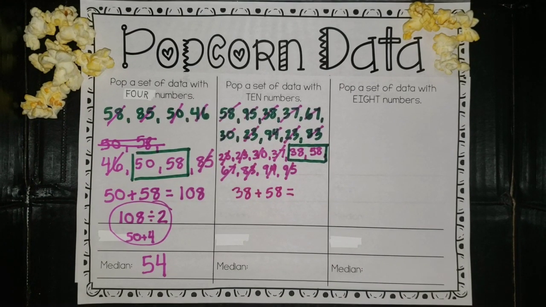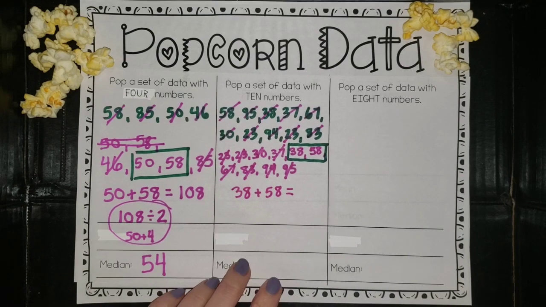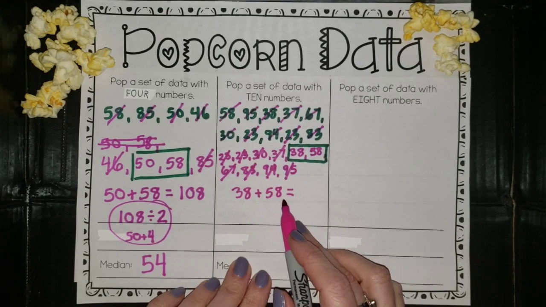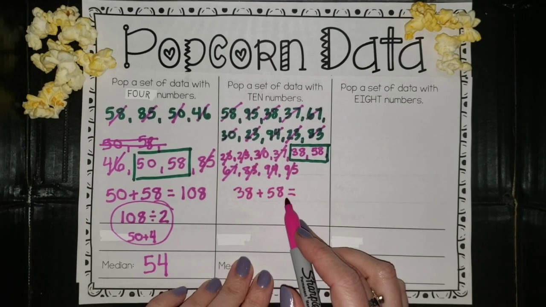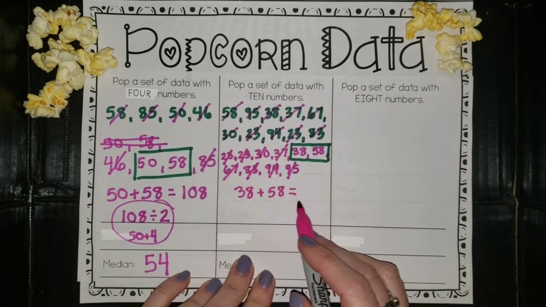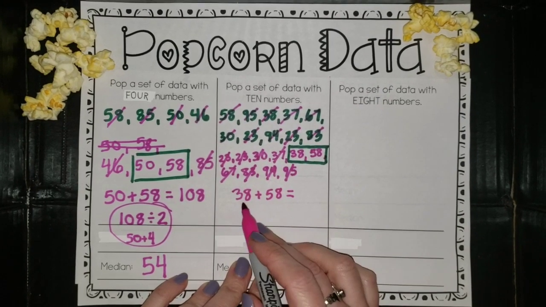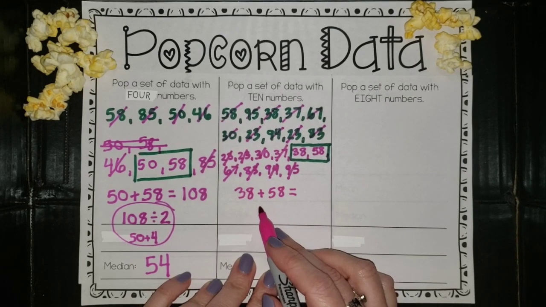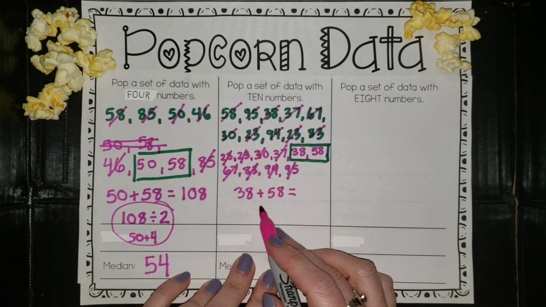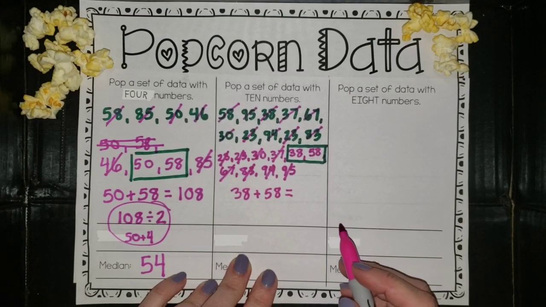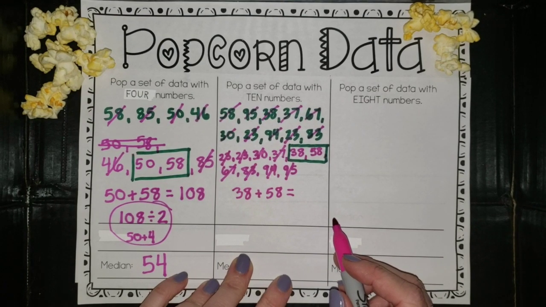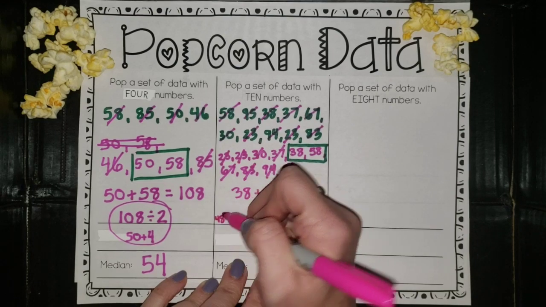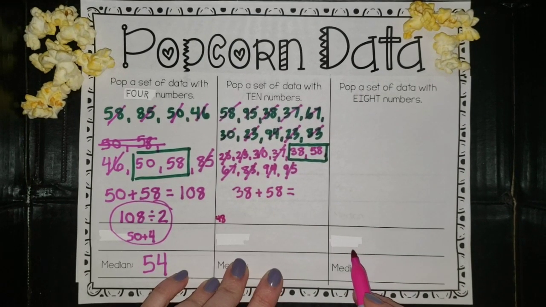I'm thinking to myself, I know that 38 and 58 are 20 apart, and that half of 20 is 10, and that 38 plus 10 is 48, and 58 minus 10 is also 48. So using my number sense, I'm thinking that maybe 48. So I'm going to make a little note for myself just to check.